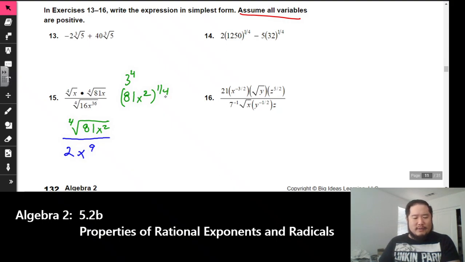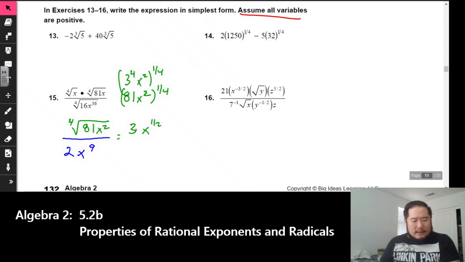And guess what? I'm just left with 3. So let's go ahead. I want to rewrite this 81 as 3 to the 4th. And then let's raise our power to a power right here. And so 4 times 1/4 is going to be 1. So we got 3 right here. And now I'm left with x to the 1/2 power, because it's going to be 2 over 4. So we got ourselves 3 times x to the 1/2 power.